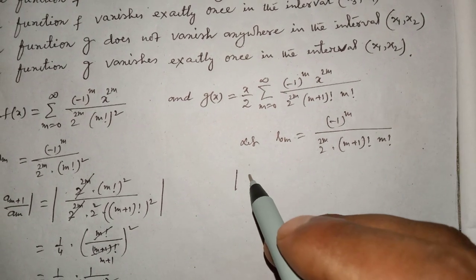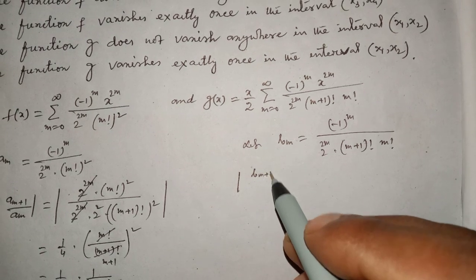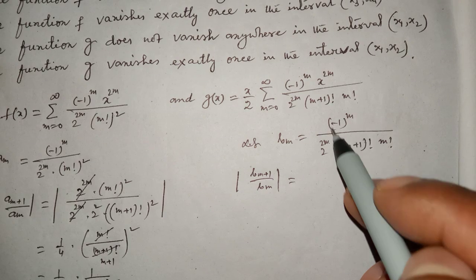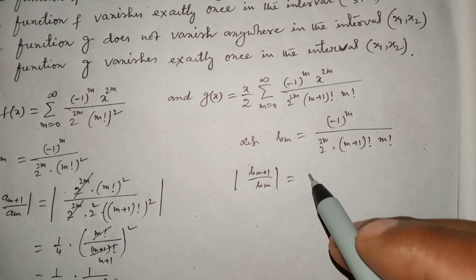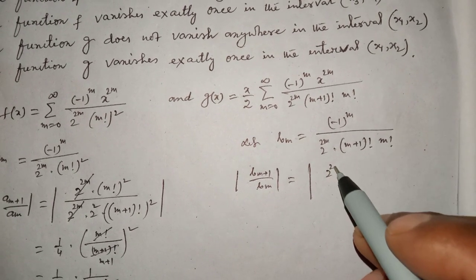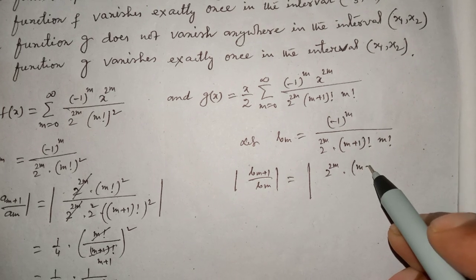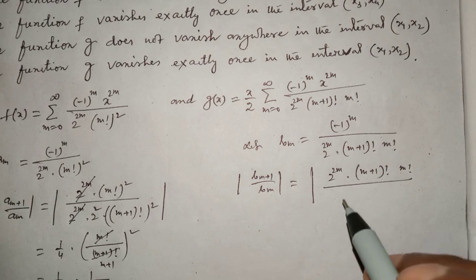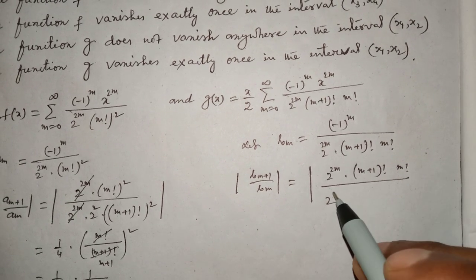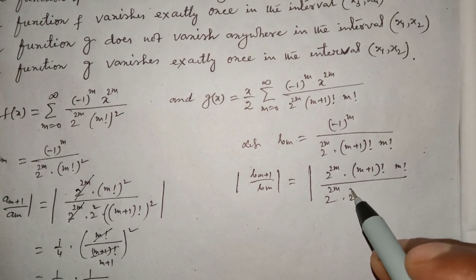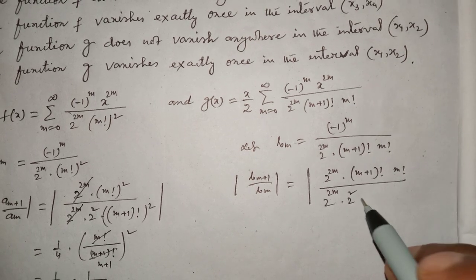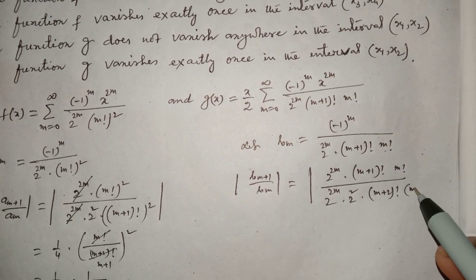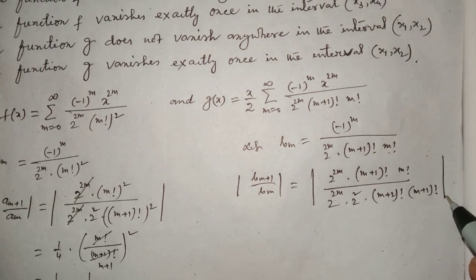So modulus of b_(m+1)/b_m is equal to, here also it is positive, 2^(2m) (m+1)! m! divided by 2^(2m) times 2^2 times (m+2)! (m+1)!.